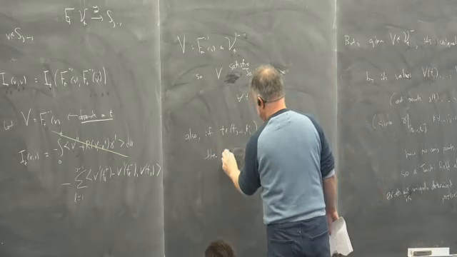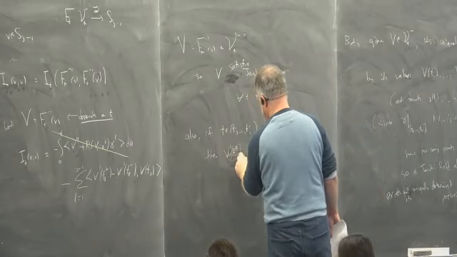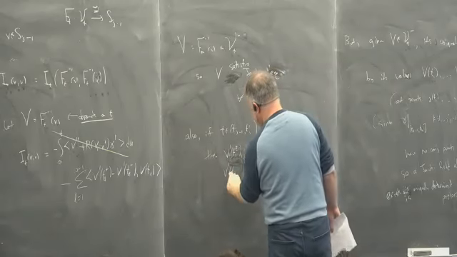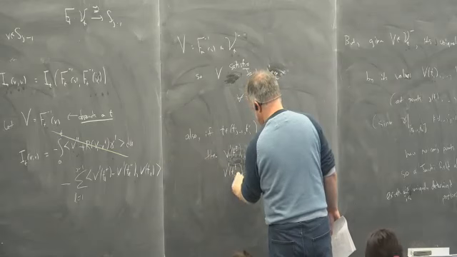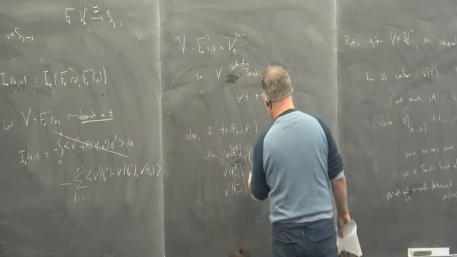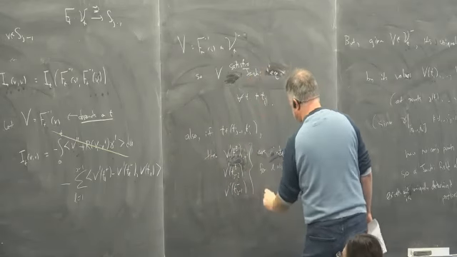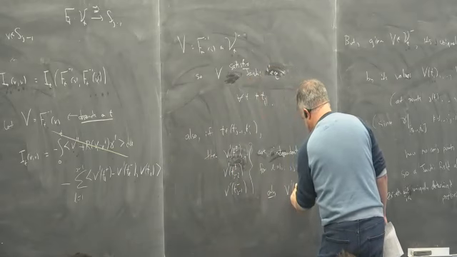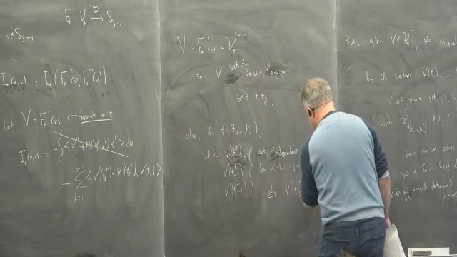Which ones are independent? V prime at t_1 plus or minus up to V prime at t_{j-2} plus or minus, and V prime at t_{j-1} minus. These are independent. So only V prime at t_{j-1} plus changes.